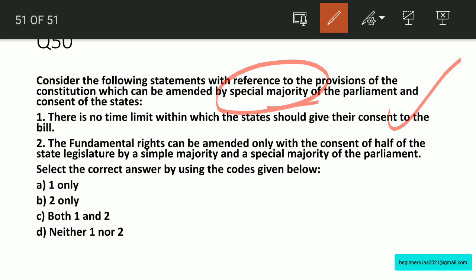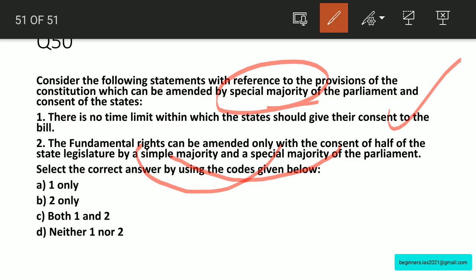No, statement number 2 is wrong. Why is it wrong? Since the order is changed here, therefore this statement is wrong. One has to know these important points while going through the questions and while reading.